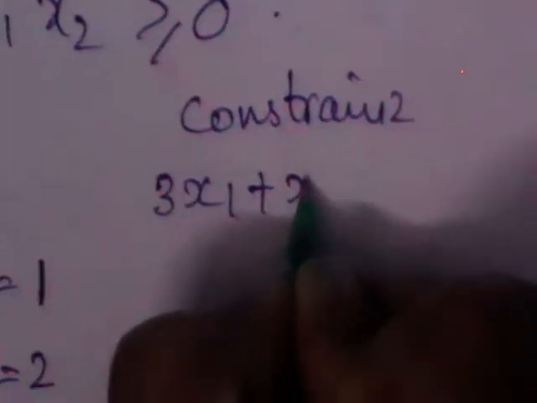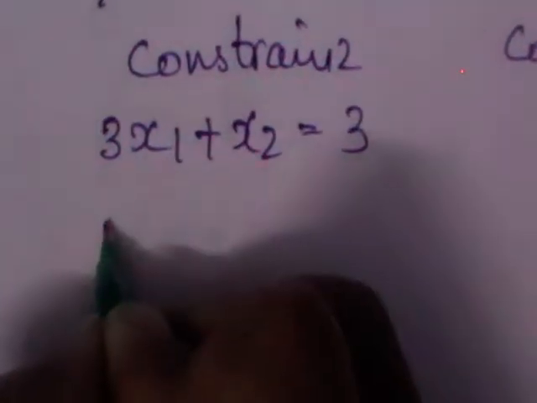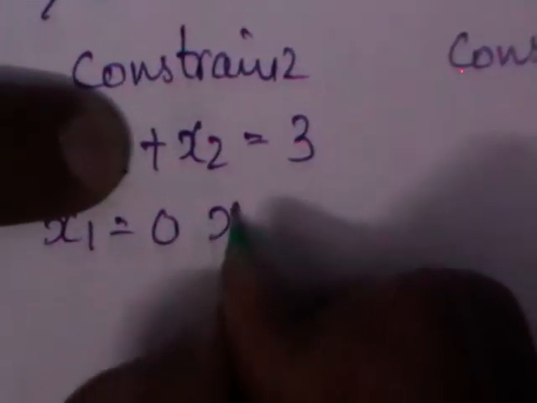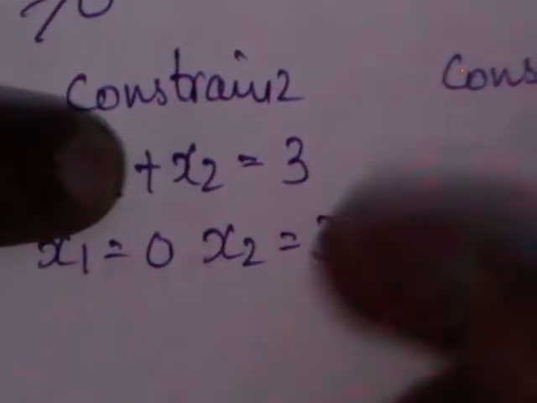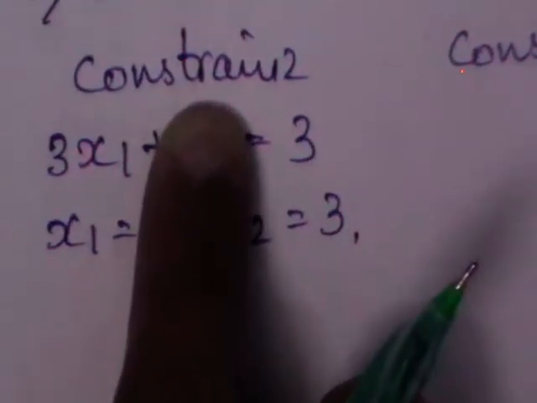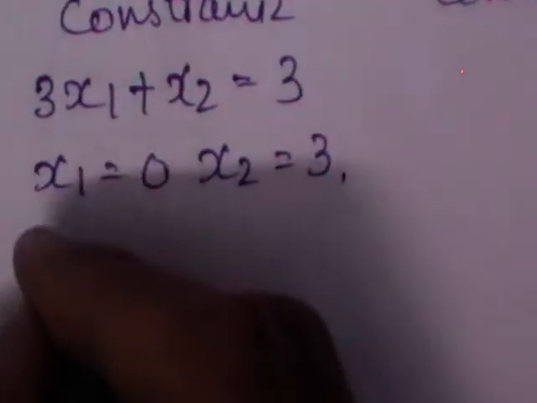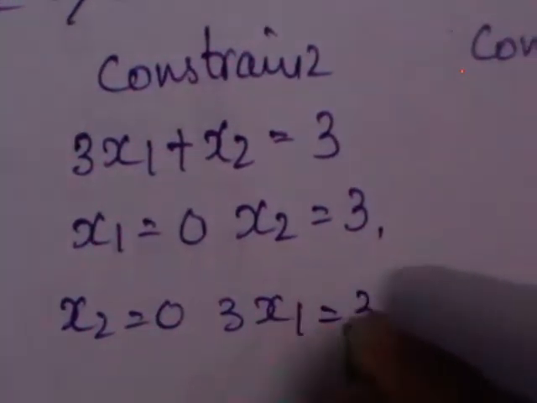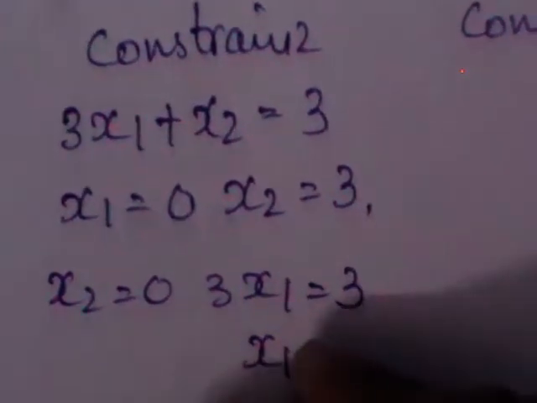Similarly, consider the second constraint also as an equation. If you put x1 is equal to 0 here, this term will be 0, you will get x2 is equal to 3. Similarly, if you put x2 is equal to 0, you will get 3x1 is equal to 3, which implies x1 is equal to 1.